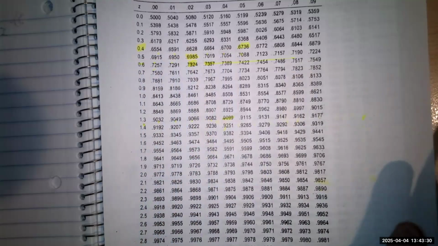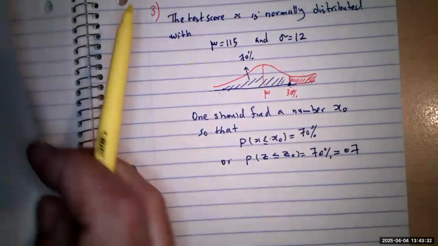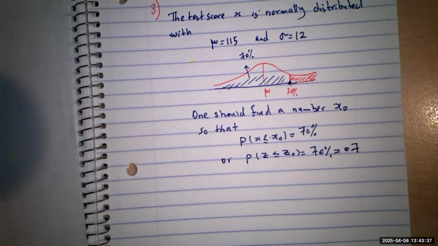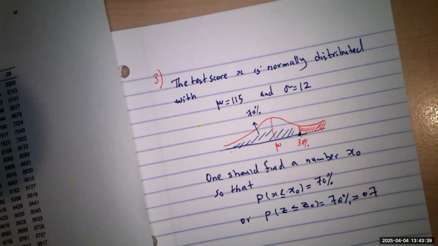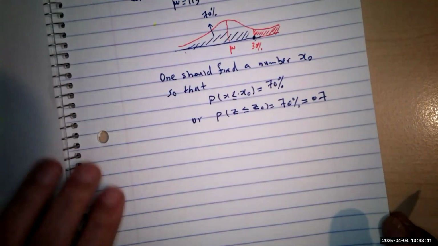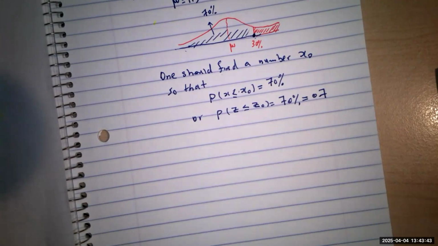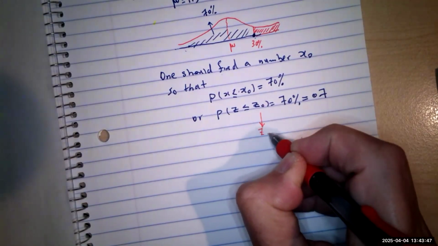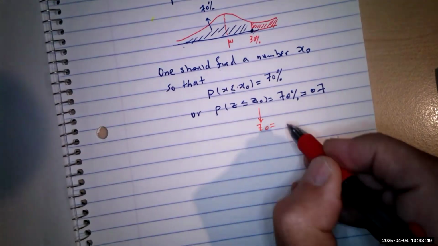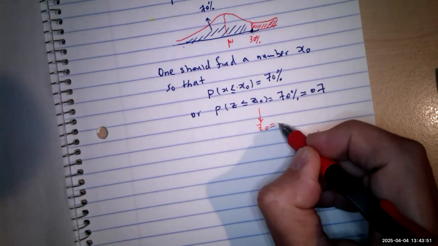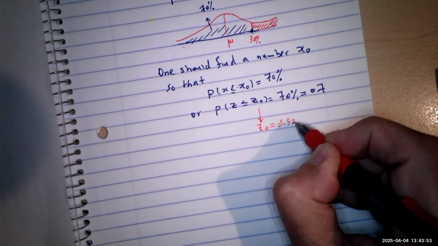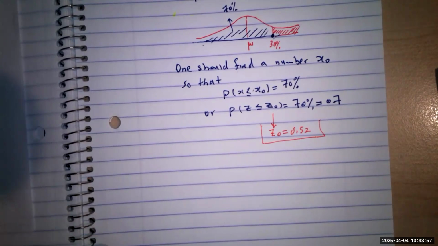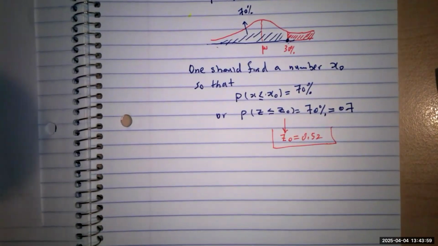So from looking at that table, you realize that this z0 must be 0.52. But that's a z. You have to give us the answer in terms of x.